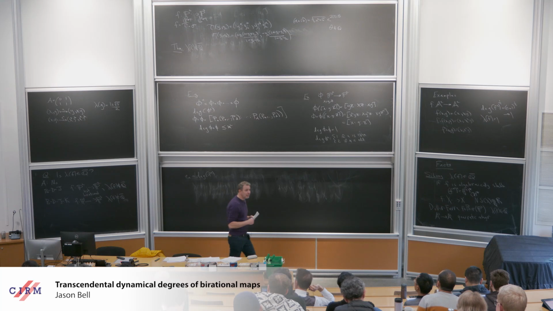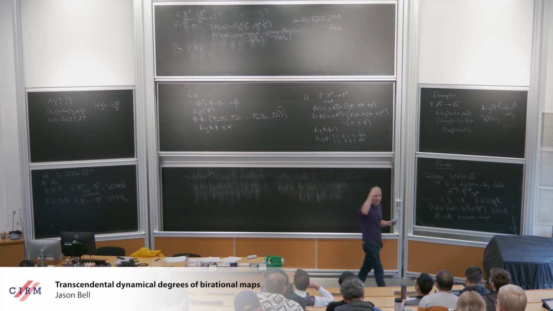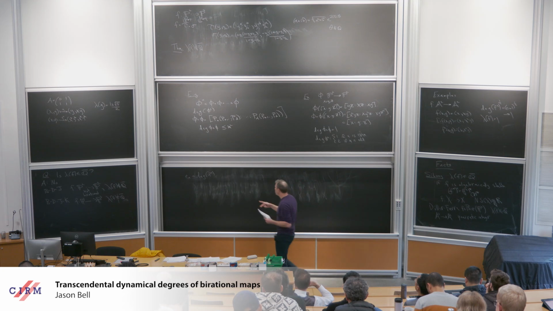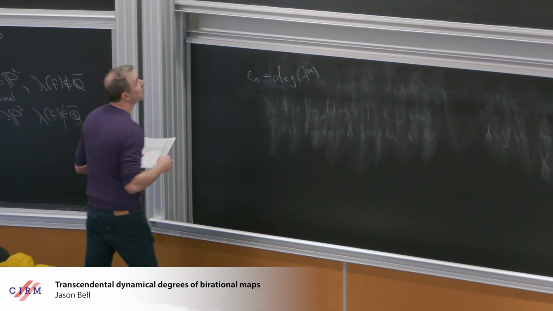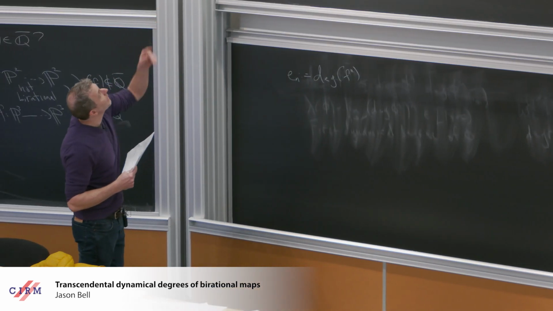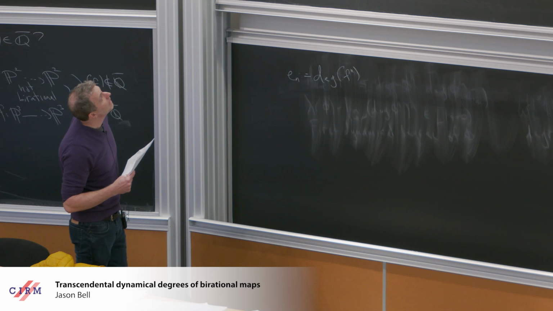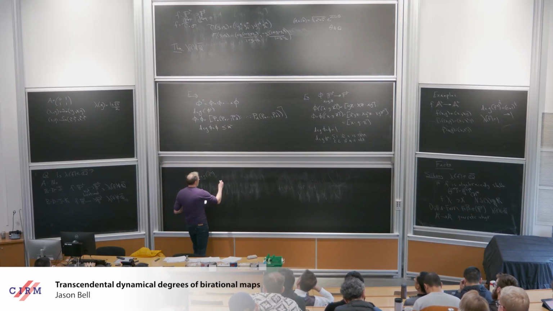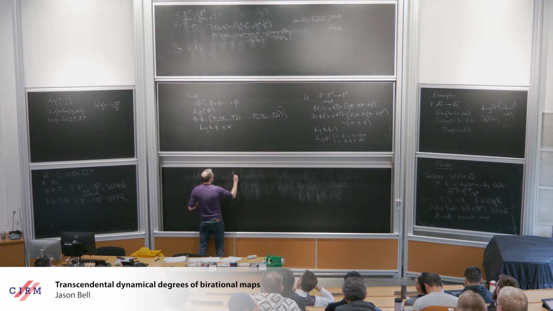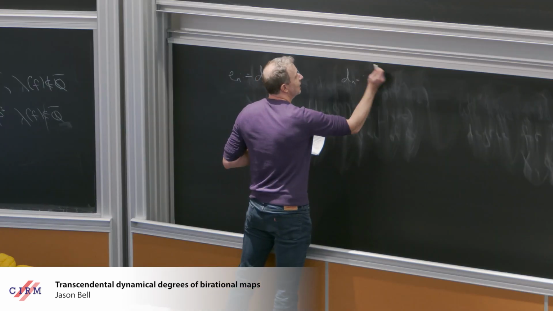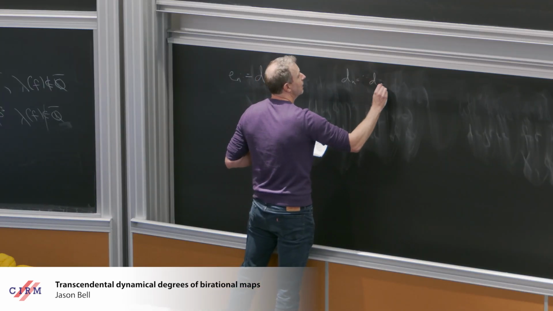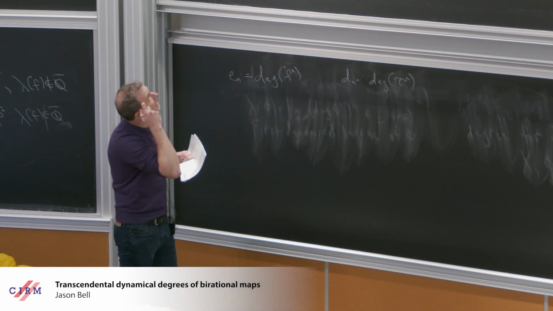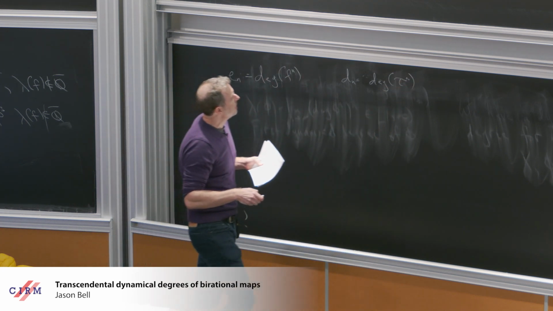And we want to understand how these nth roots of e sub n are growing to get this transcendence. Of course, it's very hard to understand this in the abstract, so what we want to do is relate it to the map tau, which is dynamically a little easier to understand. So for tau, we're going to let their degrees be d sub n. And d sub n, I should note, is kind of easier to understand.